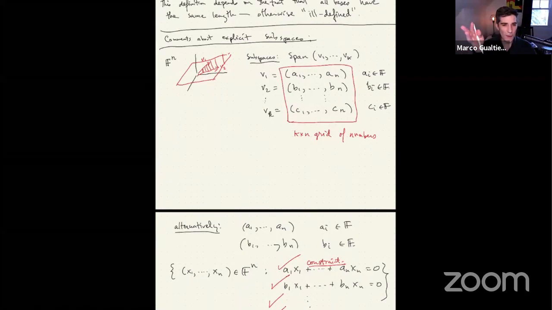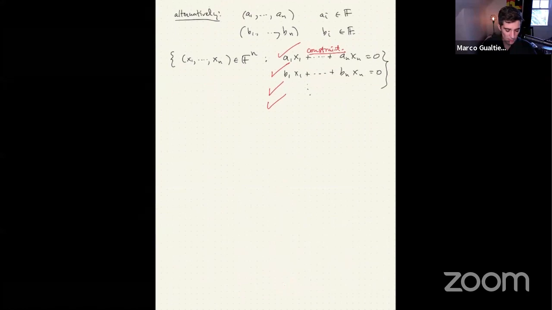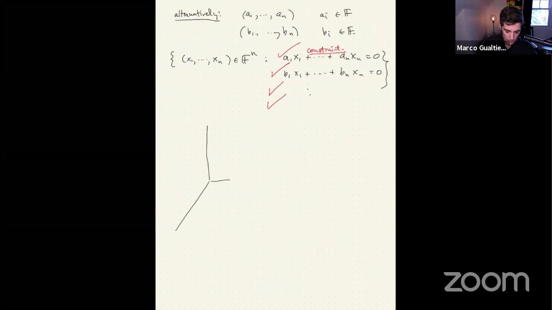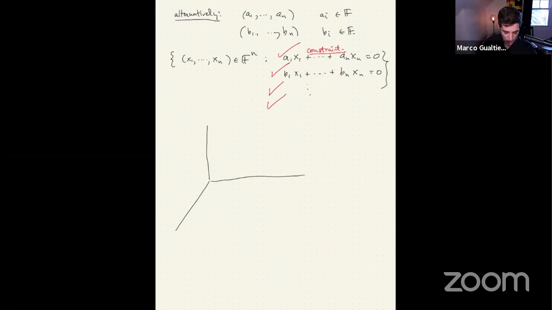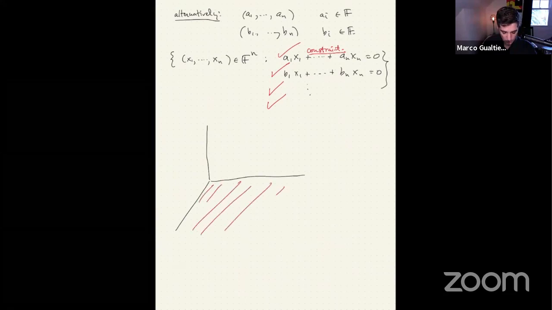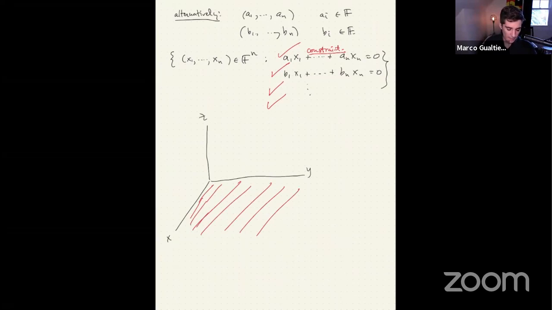And it has to do with the fact that if you're trying to describe a subspace, for example, suppose that I wanted to describe this subspace. This is, let's say, X, Y, Z. Okay, in red, I've colored the XY plane.